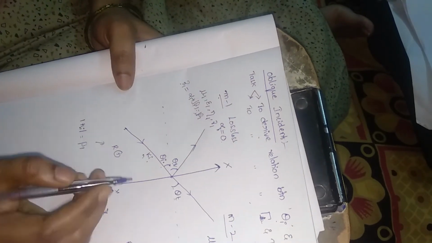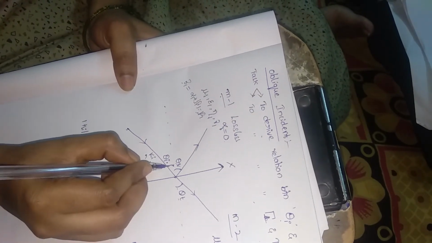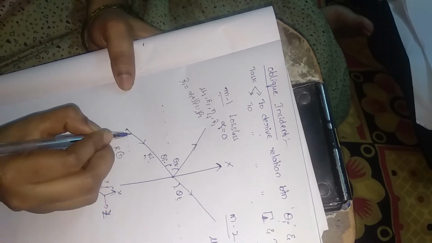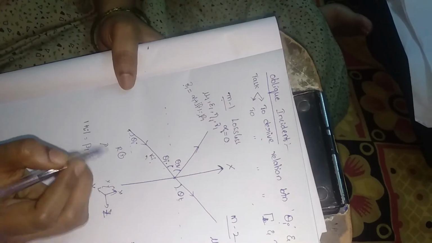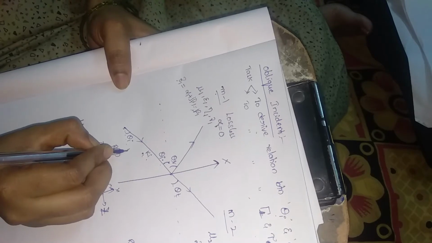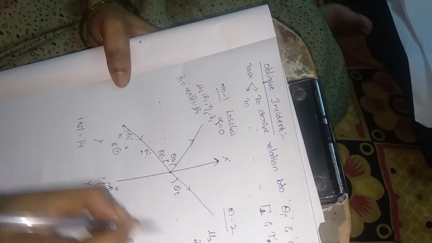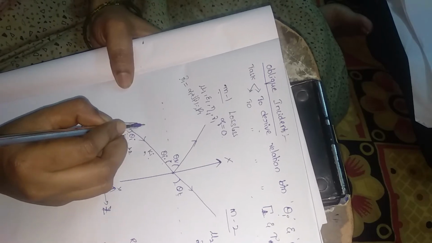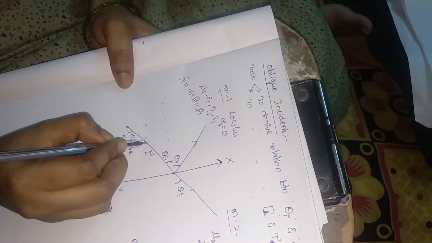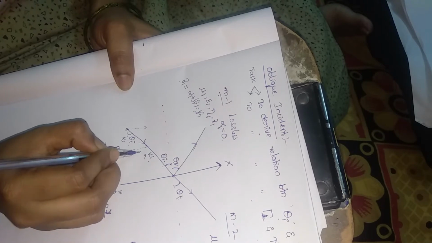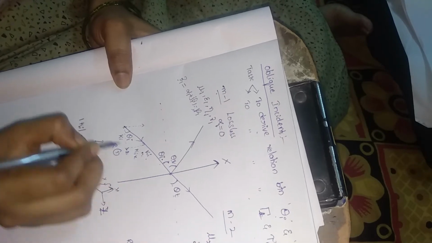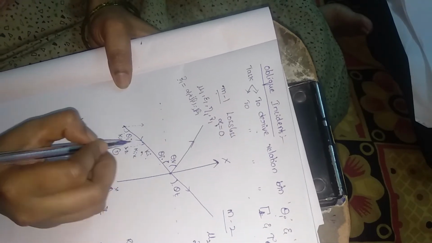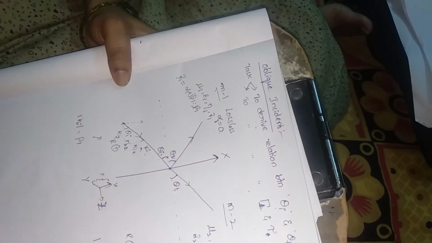And here this is the angle and here also we have the incident angle theta i. Let us consider the propagation along the z axis, and here it is kix. Here it is kiz. And here our angle is 90 degrees.